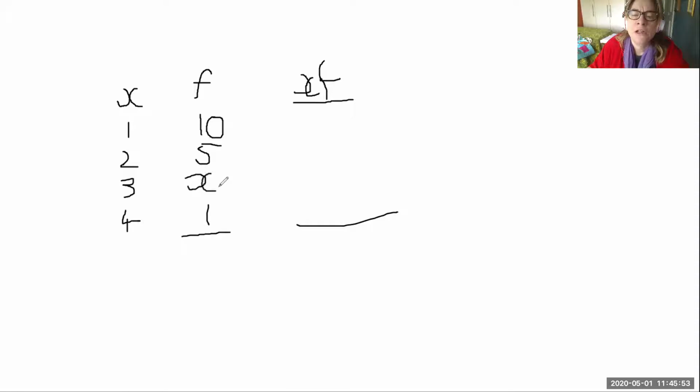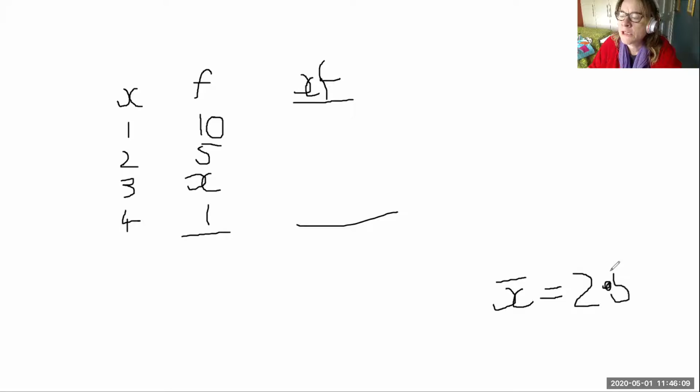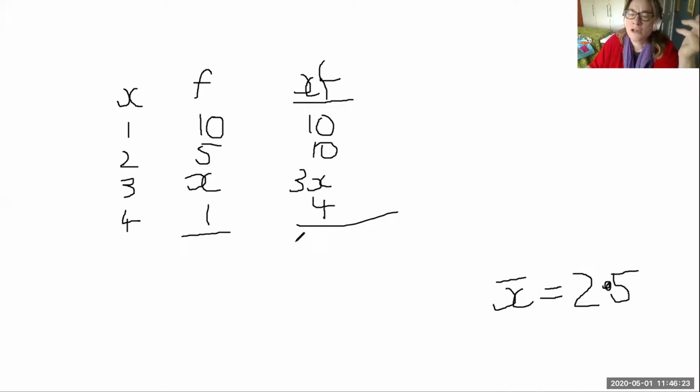But you're told at the end that the mean number of hours spent on Zoom was 2.5. Okay, let's say that's very similar to the question you've just been given. It might be written slightly differently. So you go ahead and you multiply 10, 10, 3x, and 4. So when you sum that up, it's 24 plus 3x.